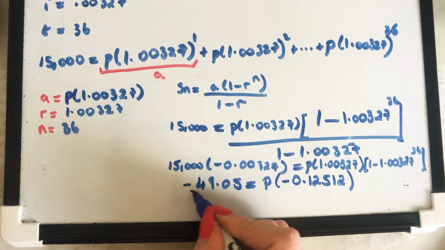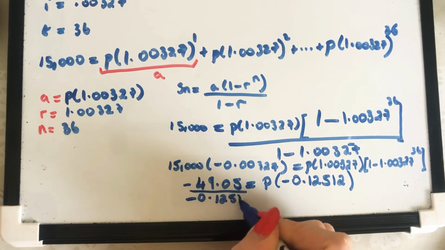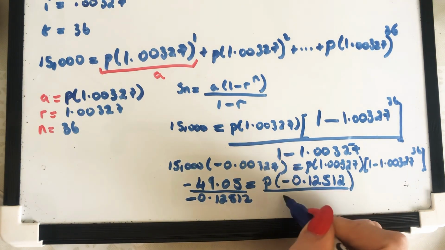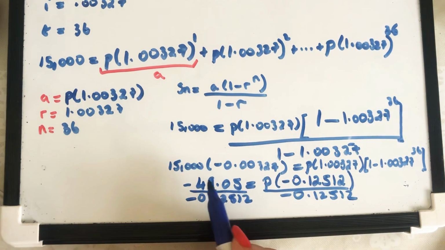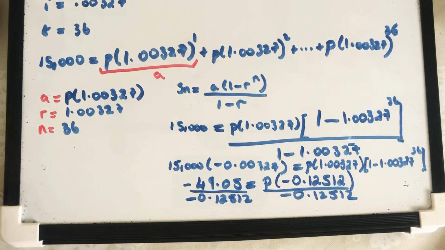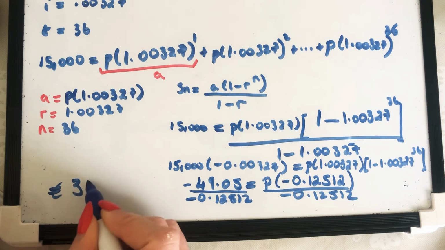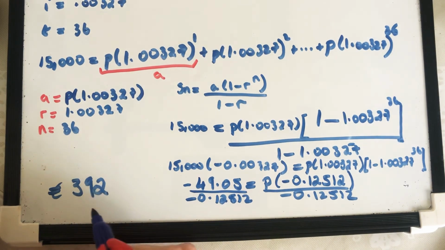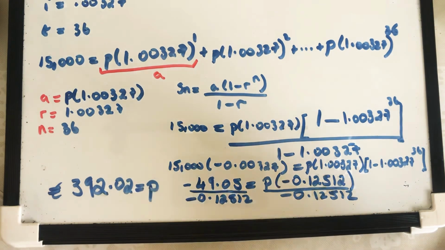So let's divide both sides by that. So let's divide this, and this should be our answer then. We make it out €392 and 2 cents is equal to P.